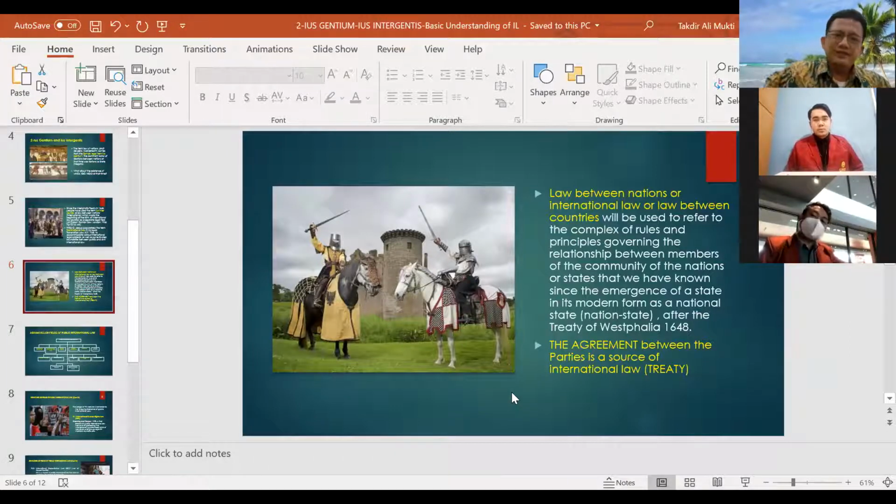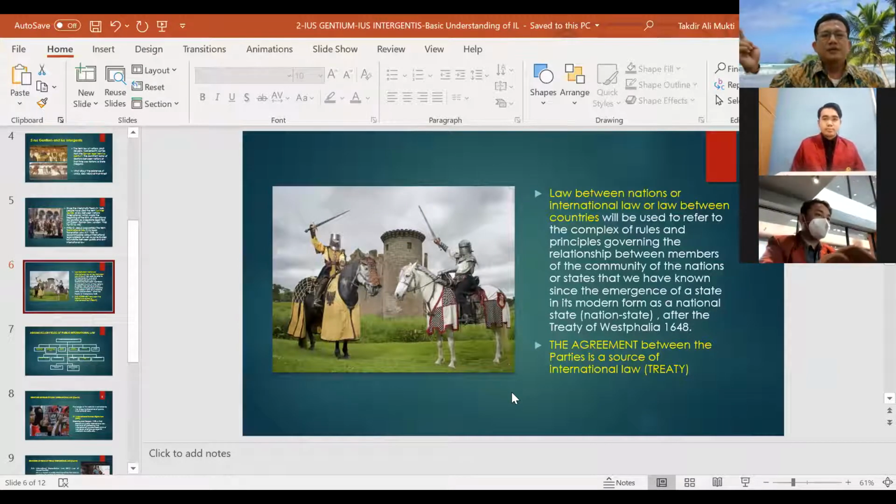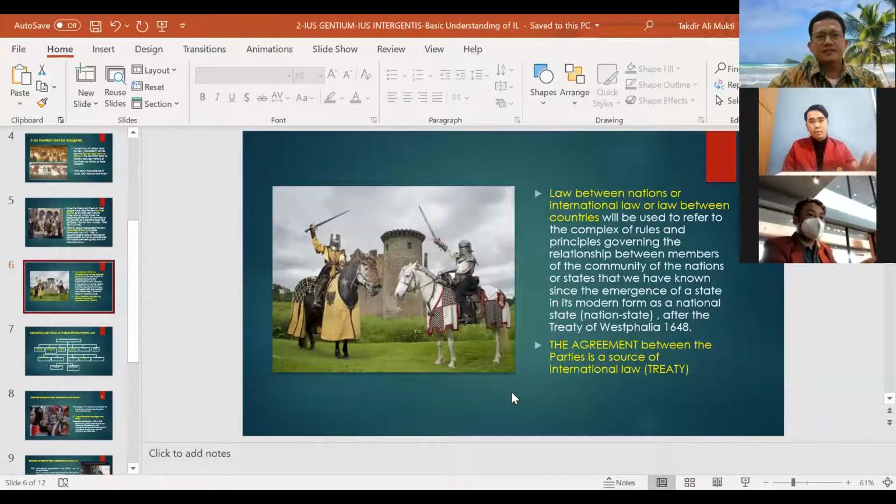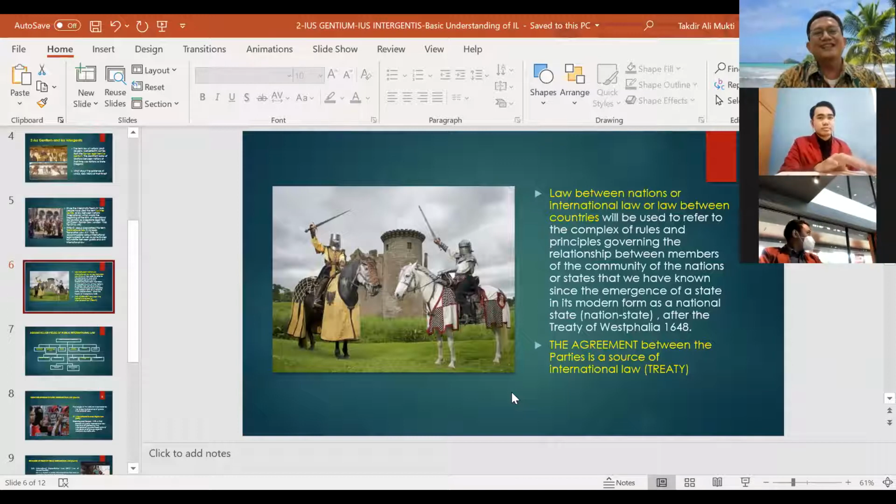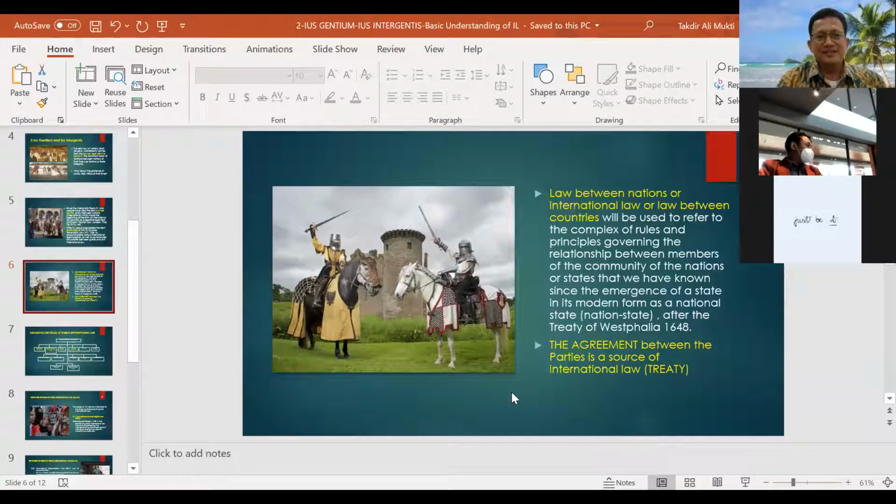If we go back to the Westphalia Treaty, several principles operate today in world affairs, like the concept of international law and the concept of a nation state. We discussed the concept of nation state in Introduction to Political Science. I just mention several because last semester we discussed in detail what the Westphalia Treaty is.